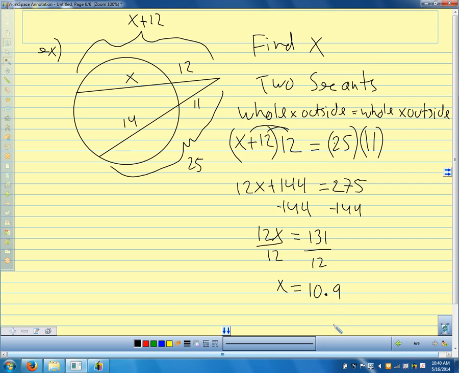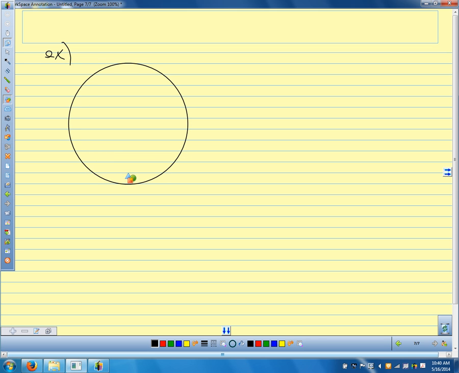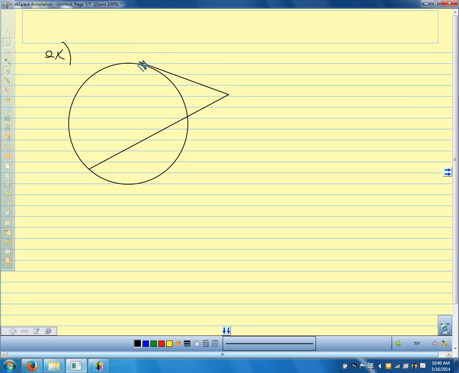All right, one last example. So here's our picture on this one. This is 9 and this is 6, and this is x. And we want to find x. So here we have a secant and a tangent.